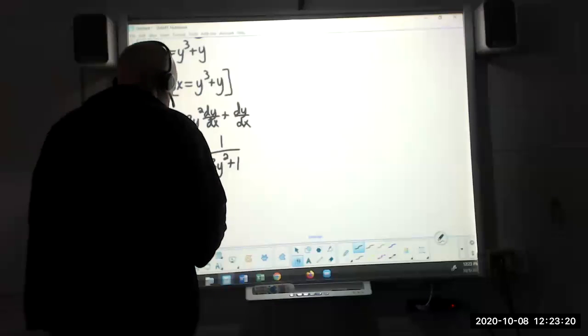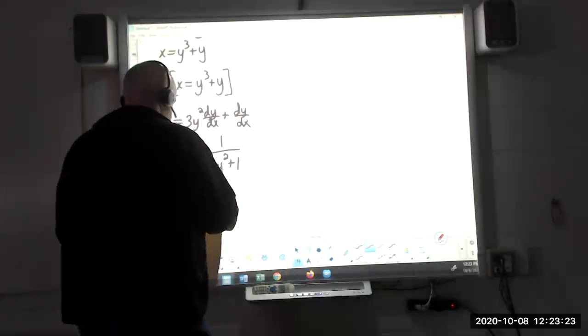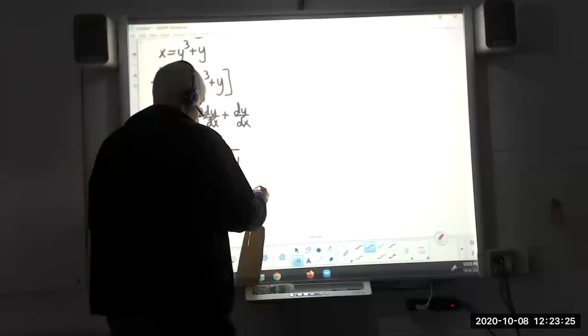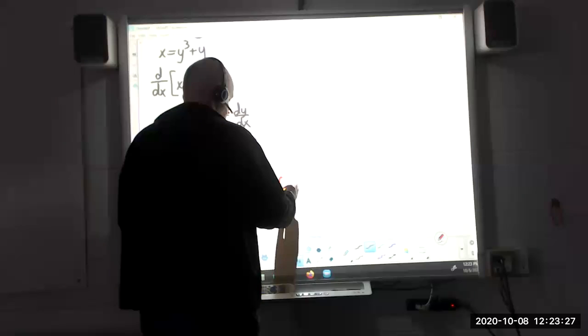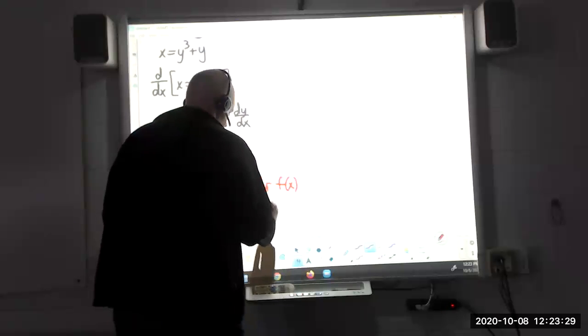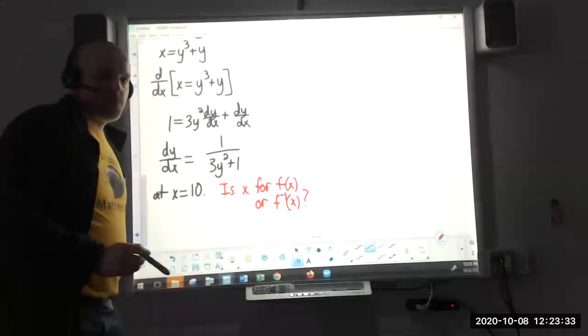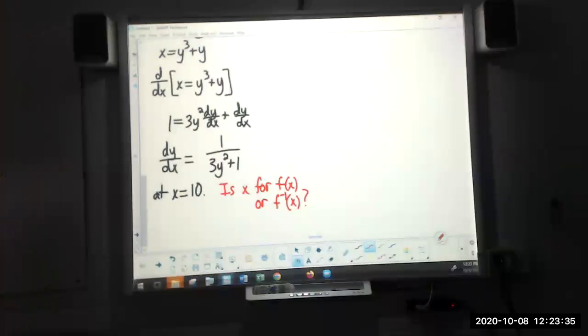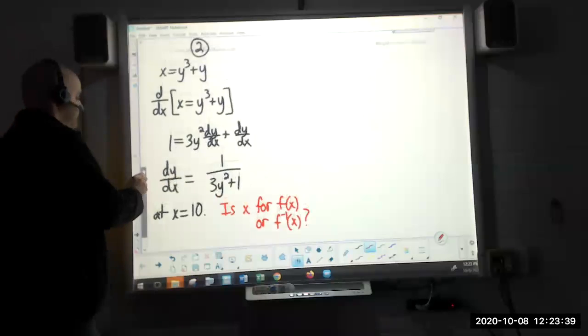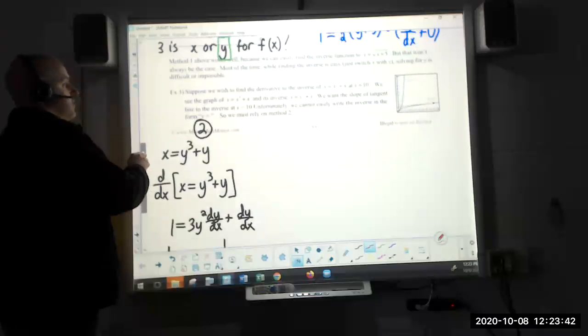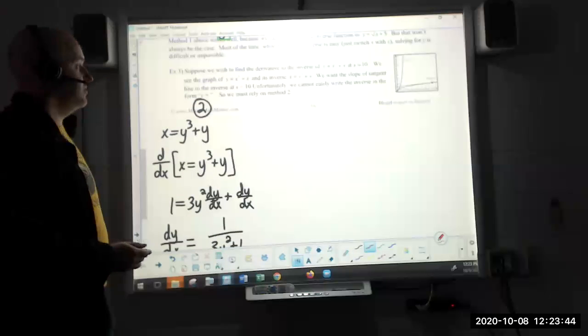Because when we look at this, we probably wonder, which x is that for? Kind of hard to figure out here. And it requires just a little bit of parsing.